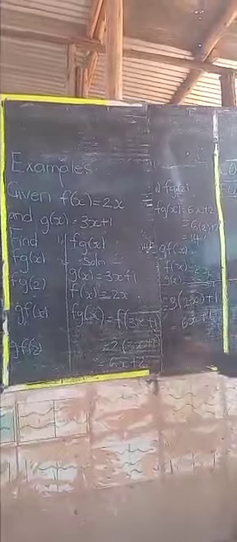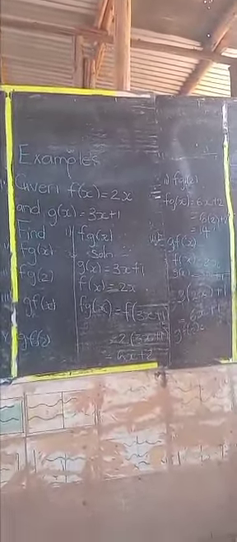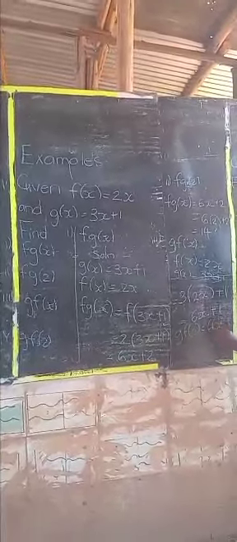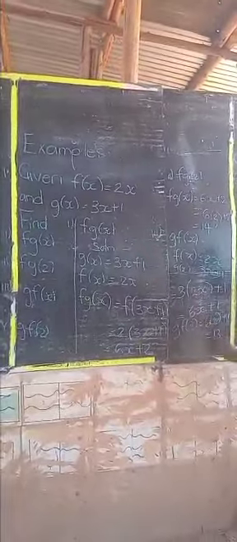Part 4, they told us to find g(f(2)). If we substitute here, we are going to get 6 into 2 plus 1, which is 13.